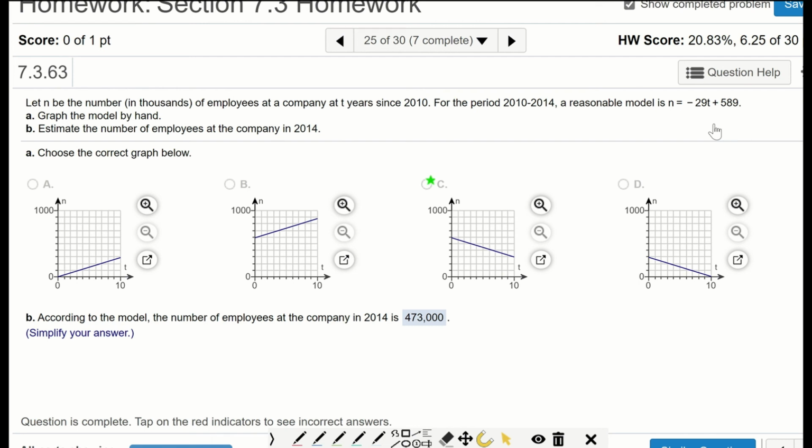Notice that the slope here is -29 and the y-intercept is 589. Of course it would be easy to do by hand: you just start at the y-intercept and then go 29 down and 1 to the right. But let's have technology do that for us.